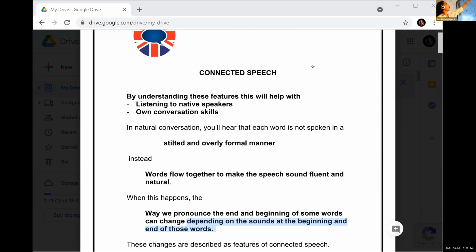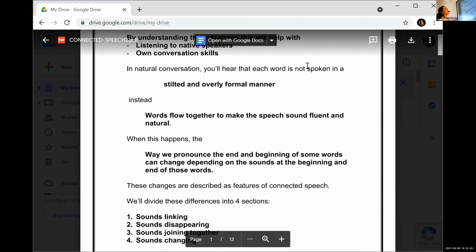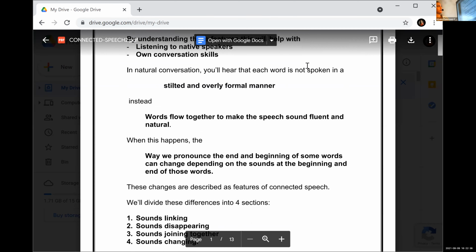So we have to know how they speak. Connected speech is nothing complicated. It is just words flowing together to make it sound more fluent and natural.